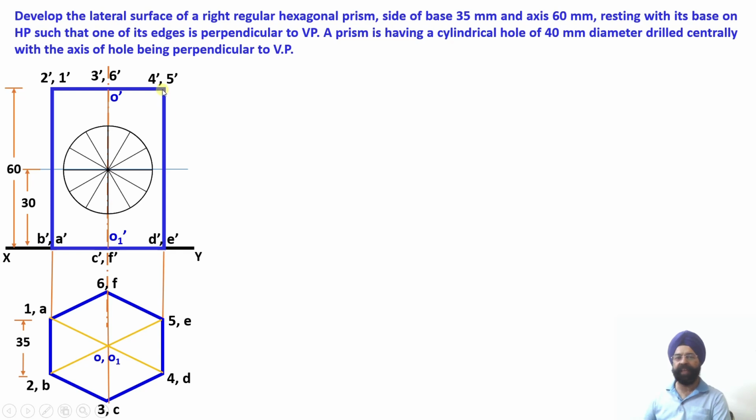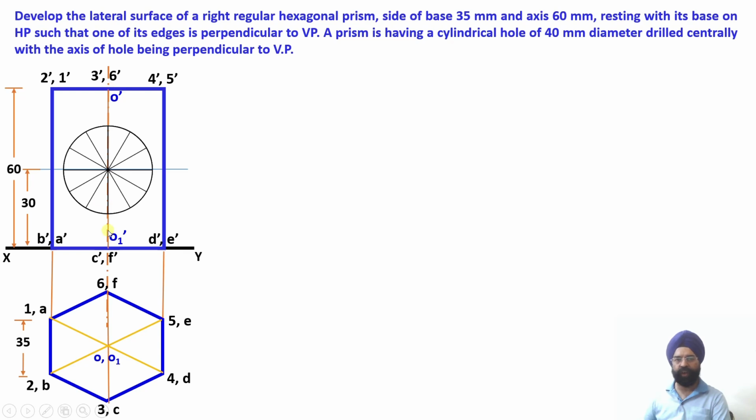Similarly, the projections made by the vertical edge 4 dash D dash, that is this one, will be covering the hidden line projections made by 5 dash and E dash over here. So we get all the three projectors solid.